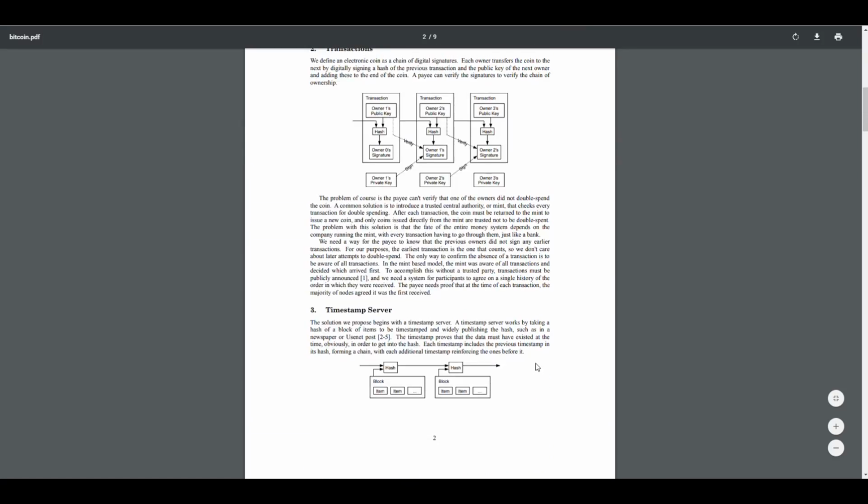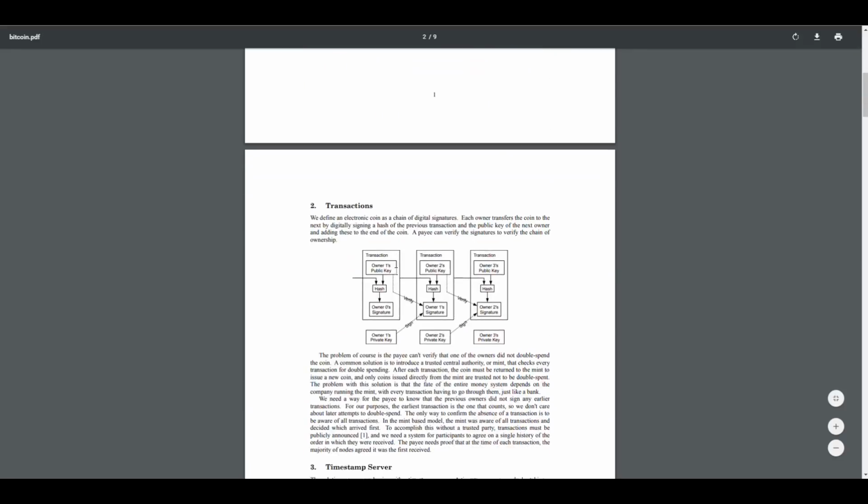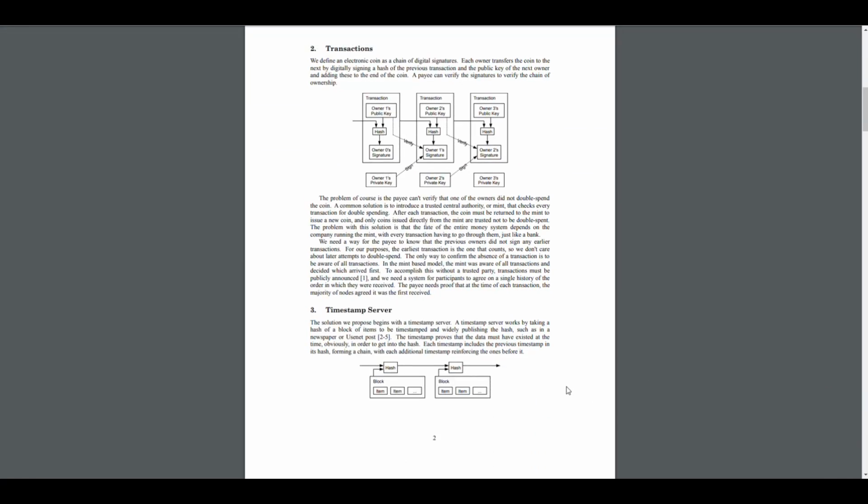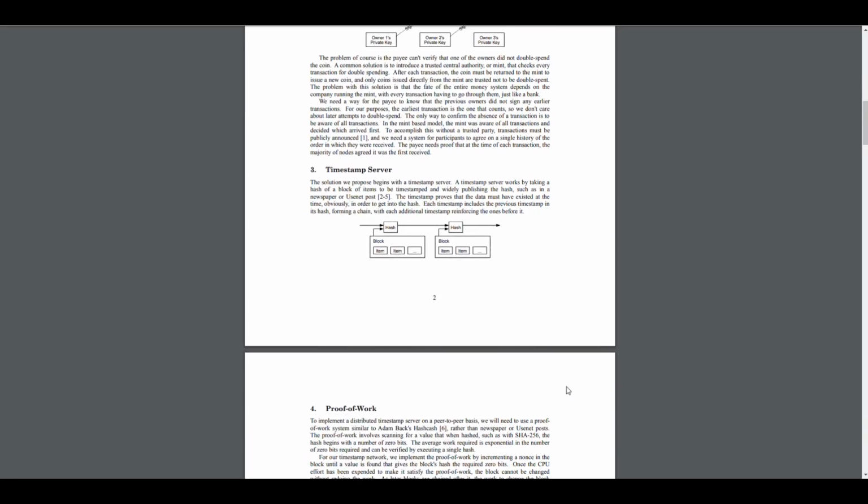Because what I find the most interesting is you can actually take sections 1 through 3 and pretty much describe the majority of blockchain projects, right? Yeah.